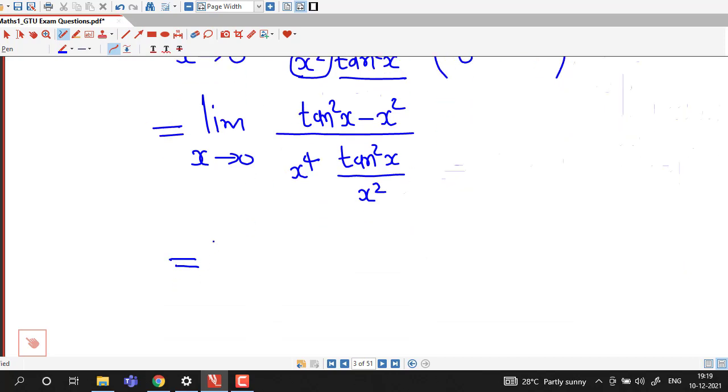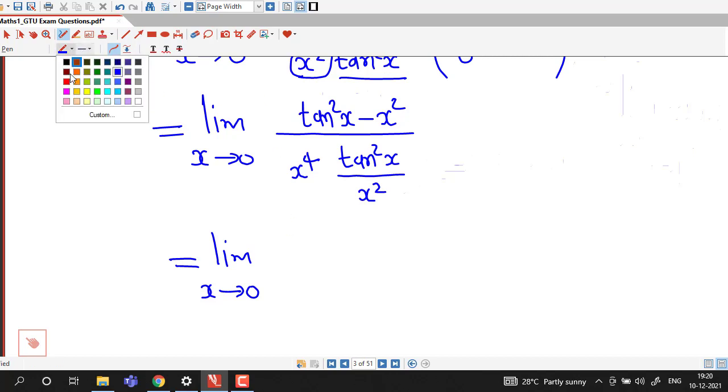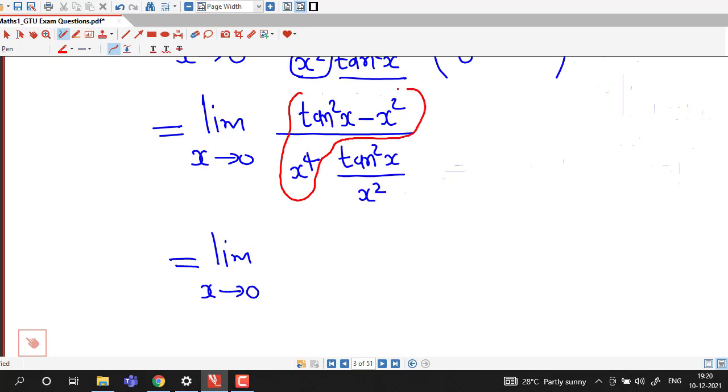Now we can apply the product rule for limits. We know that the limit of a product is equal to the product of the limits. So we can consider this as a product of two functions. One function is tan square x minus x square over x raised to 4. The other function is 1 over tan square x by x square.